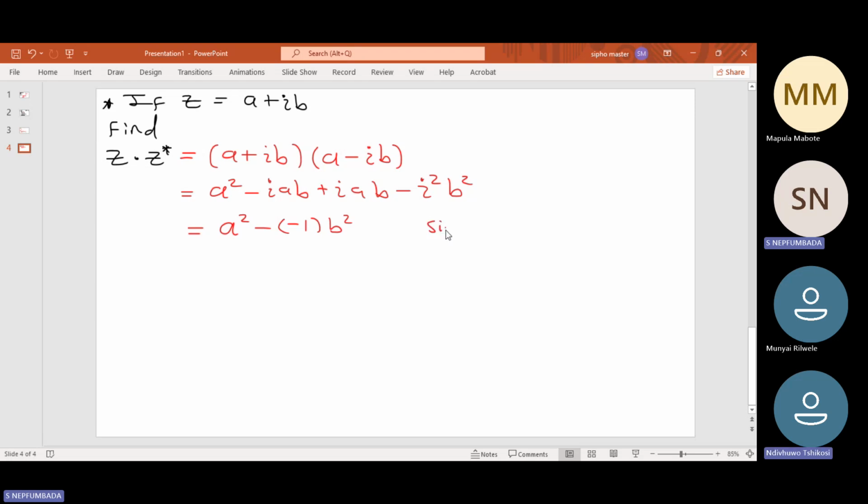Since i squared is equal to -1, we get a squared plus b squared.